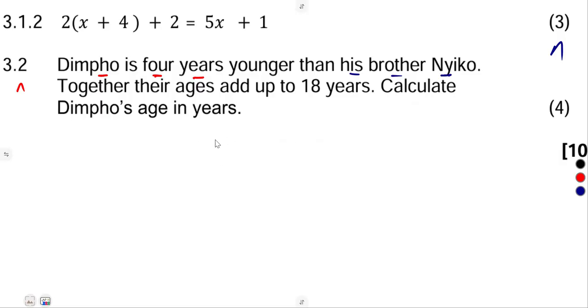So we can say, let Nico's age be x. His brother Nico is x. So we are told that Dimpo is 4 years younger. What about Dimpo's age?